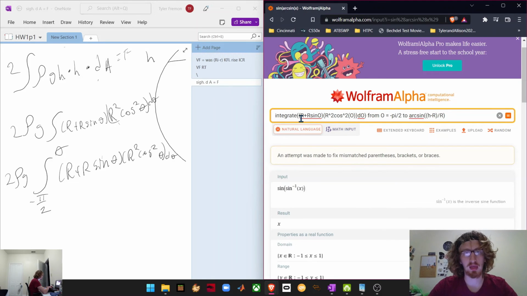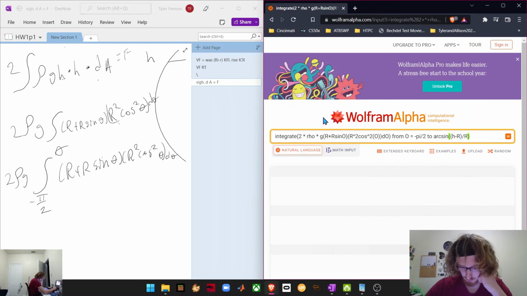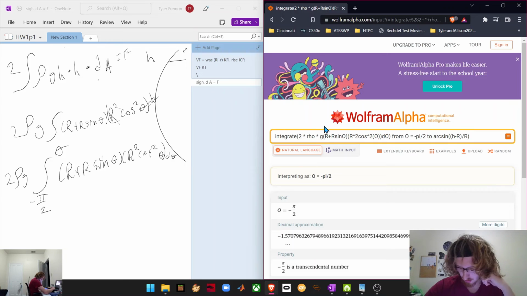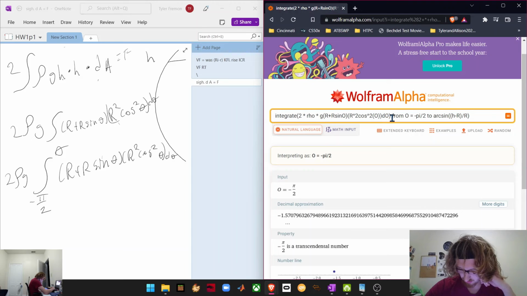And why don't we go ahead and include the 2 rho g, and evaluate. Looks like we missed some parentheses here. That's usually what happens when trying to figure out what went wrong.